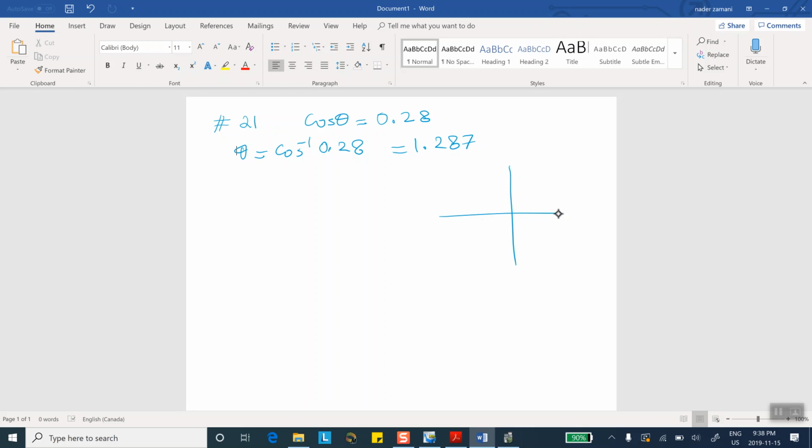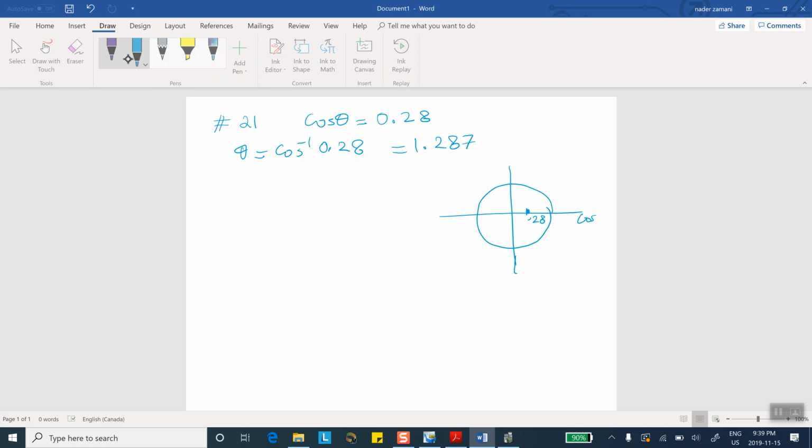So here's the situation. What happened is that you were told that the cosine is 0.28. Now 0.28, let's say it's somewhere here, okay? This is the cosine axis. So the angle that you got is this angle, 1.287 radian.